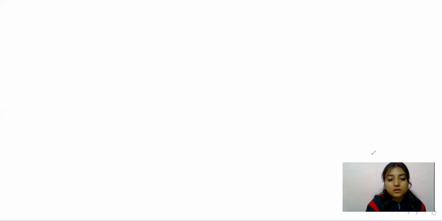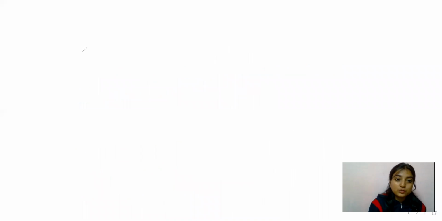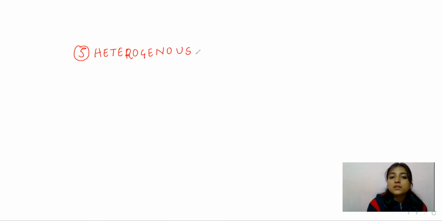Now, the fifth one is heterogeneous. The heterogeneous is defined when the gene consists of both the dominant and the recessive type.